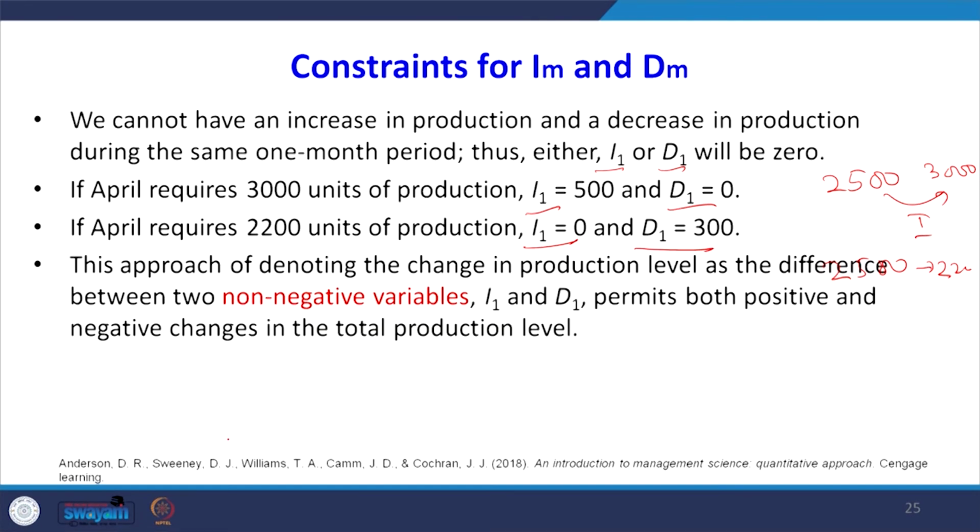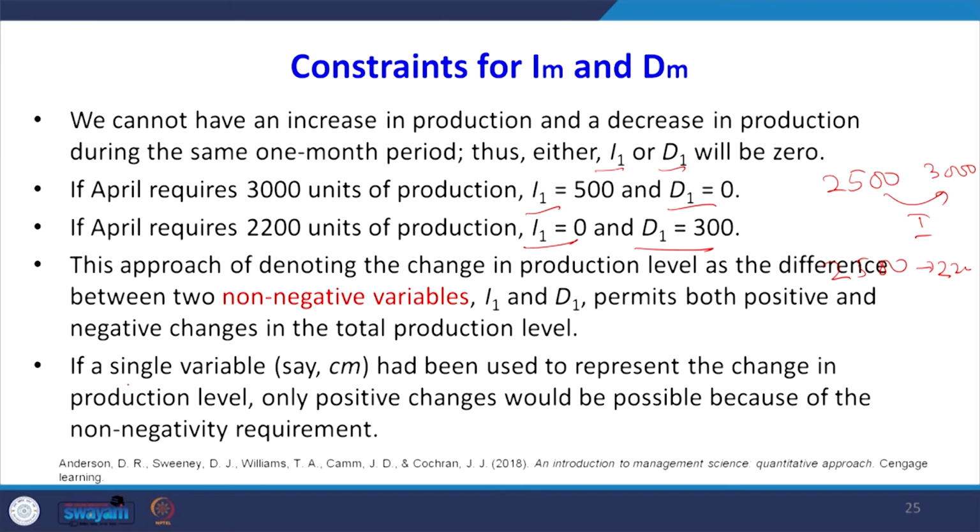This approach of denoting the change in production level as the difference between two non-negative variables, I1 and D1, permits both positive and negative changes in the total production level. That is the advantage.